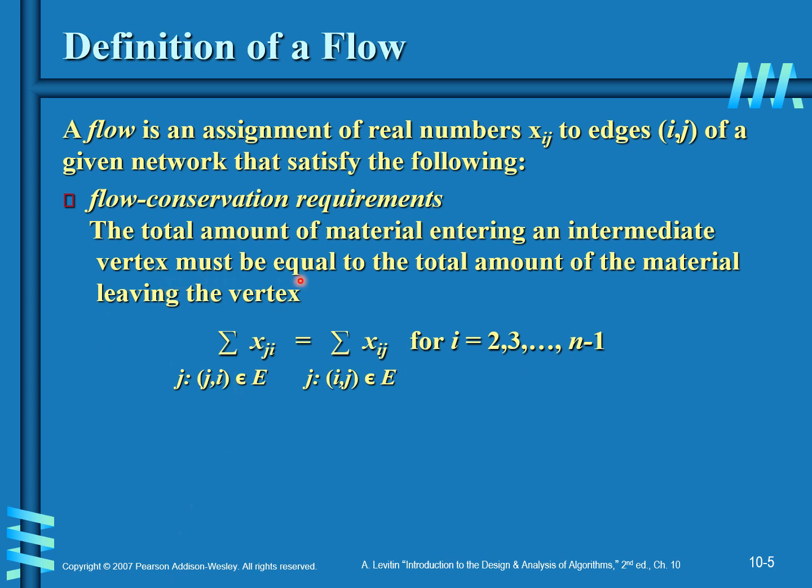The total amount of material entering an intermediate vertex must be equal to the total amount of material leaving the vertex. Suppose 2 is entering, then the same has to go out. So an intermediate vertex has no right to add or decrease the flow. So sum of xji equals sum of xij, for i equal to 1 to n minus 1.